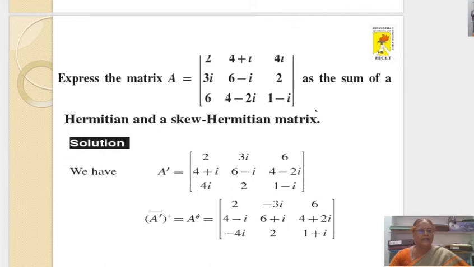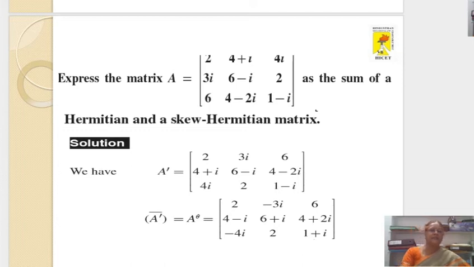A dash bar is nothing but the complex conjugate of A dash, which is 2 plus 3i becoming minus 3i, 6 as it is, 4 plus i becoming 4 minus i, 6 plus i becoming 6 minus i, 4 plus 2i, minus 4i, 2, 1 plus i.